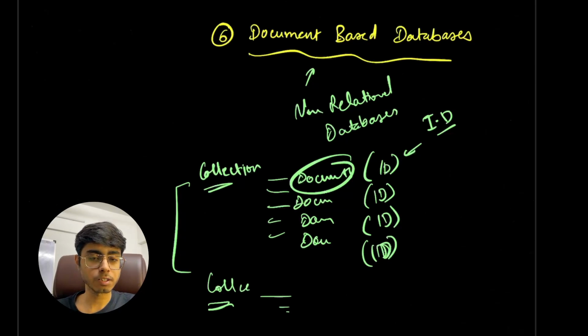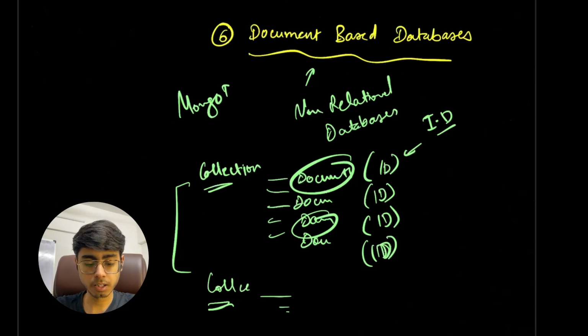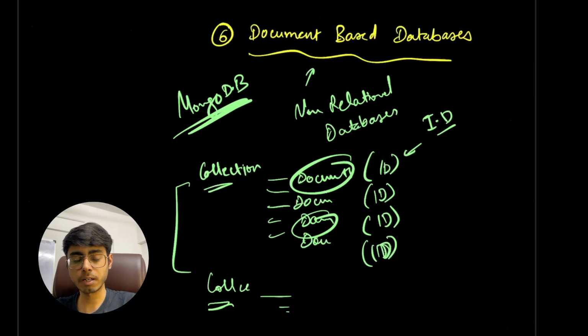So if this document is for storing bread, it can have a different schema. Let's say another document is for storing a furniture item, it can have a different schema, right? So schema is not an issue in non-relational document-based databases, right? The famous one is MongoDB. I would recommend that if you are building an e-commerce application, then you can store these parts in MongoDB, right?